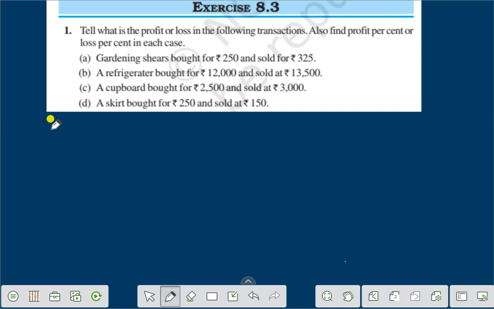Now question number 1a. What is given, you see here? Given is bought, that is cost price. Cost price is equal to rupees 250.